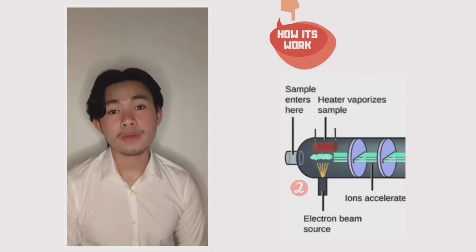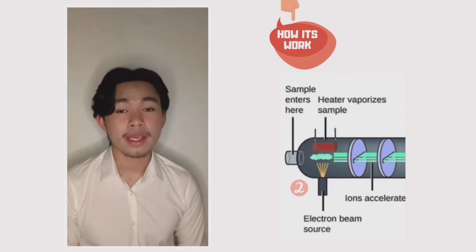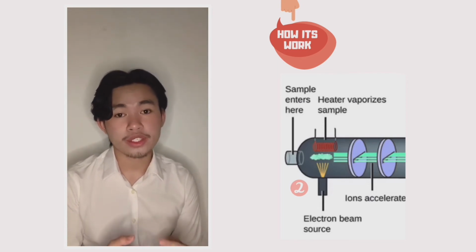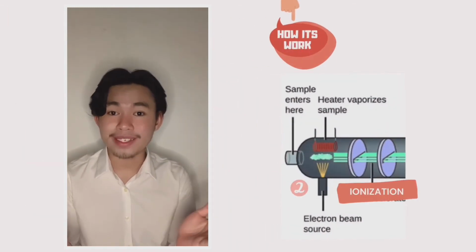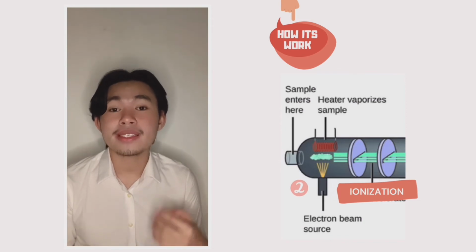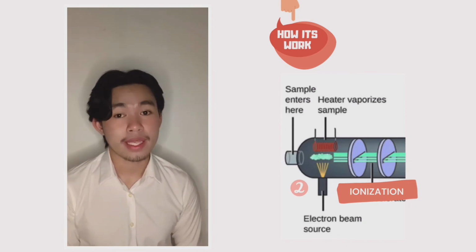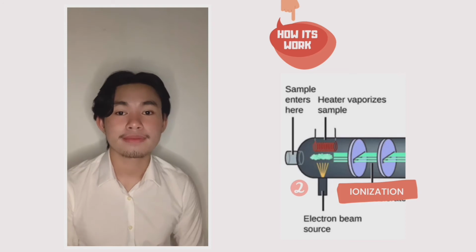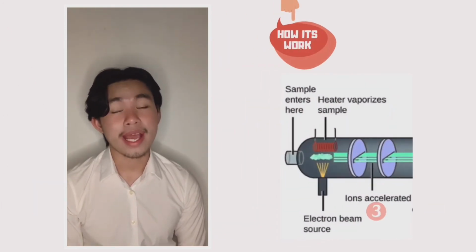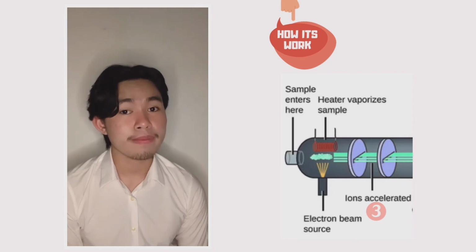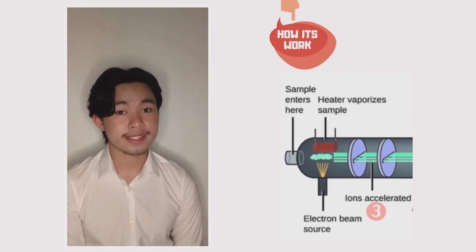When the electron bombardment happens, it will knock off electrons from the atoms of your sample element and ionization happens. And by ionizing some of these atoms, they now will have charge. Because they have charge, now they can accelerate through these electric plates in the third phase.